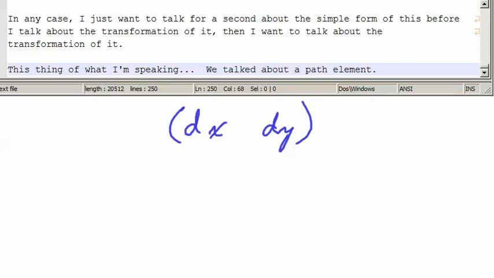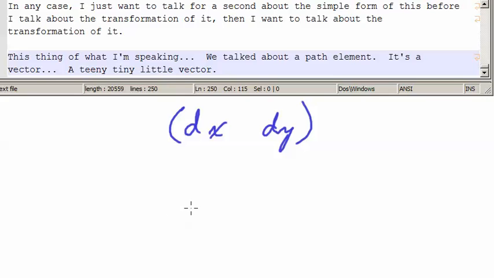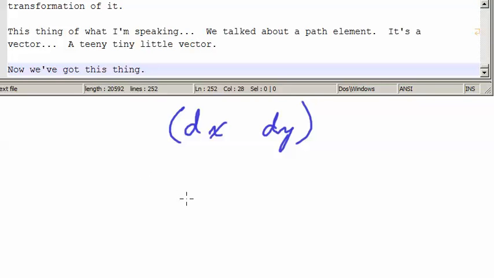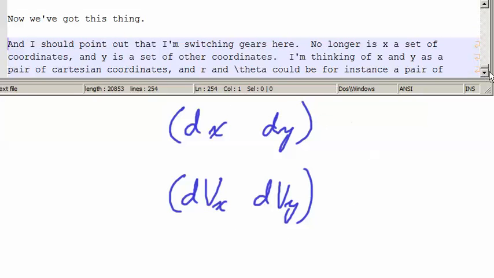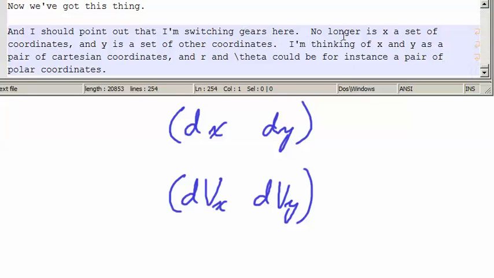That's a vector, a teeny tiny little vector. Now we've got this thing, dv sub x, dv sub y. And I should point out here that I'm switching gears. No longer is x a set of coordinates and y is another set of coordinates. I've been thinking of x and y as a pair of Cartesian coordinates, and we could have dr, d theta be, for instance, a pair of polar coordinates.